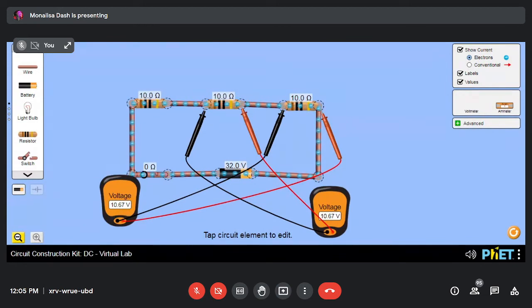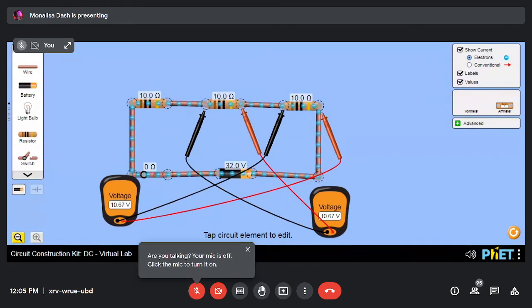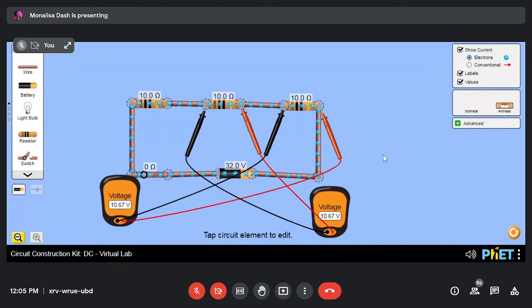After completing, Chitralekha madam. Yes, madam. They will go to their link now. You have explained both Kirchhoff's current law and voltage law, na? Yes, madam.